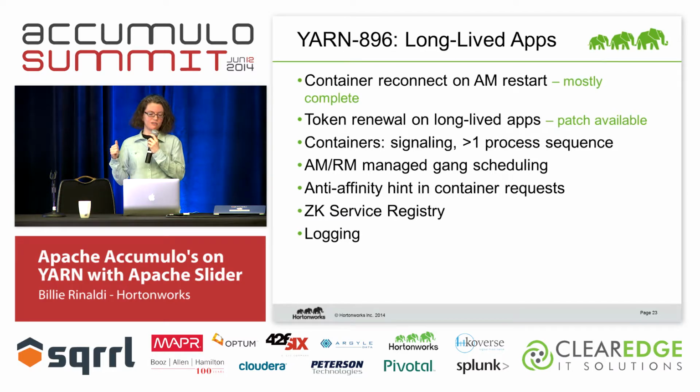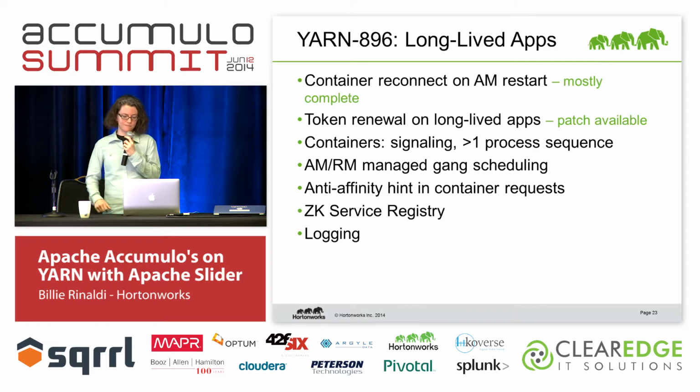We still need to do better with token renewal, doing better signaling in containers, gang scheduling, handling anti-affinity requests, which would be like, I don't want there ever to be more than one T server on the same node, and doing better with managing logging.